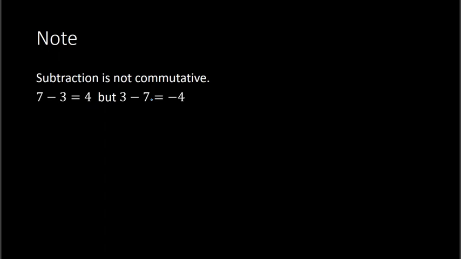So if I put the 3 first and the 7 second, 3 minus 7 is negative 4, which is not the same as 7 minus 3. Whereas addition, it is commutative because 7 plus 3 is the same thing as 3 plus 7. So here I can change the order of the numbers and get the same thing, whereas subtraction I cannot.